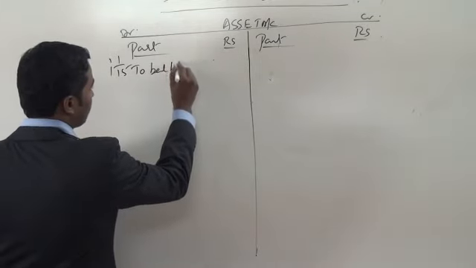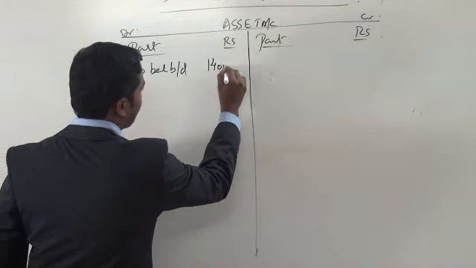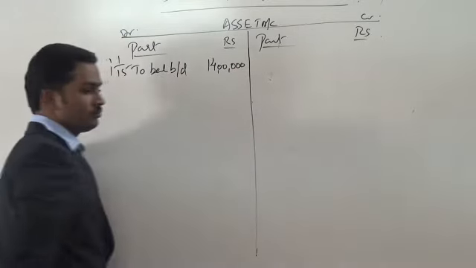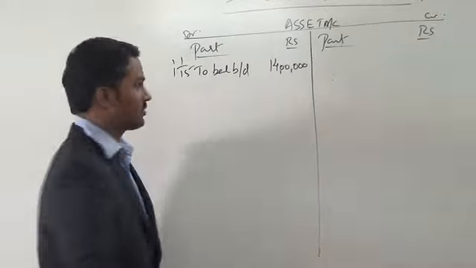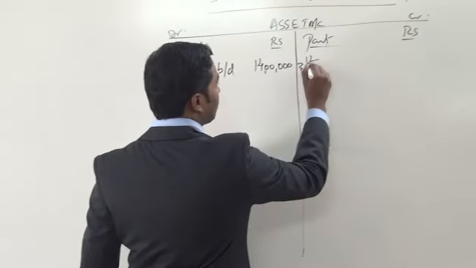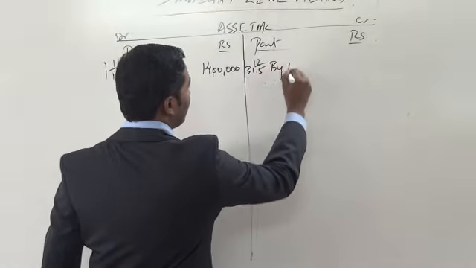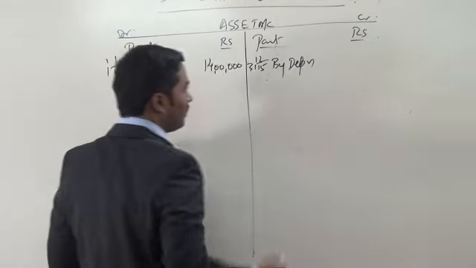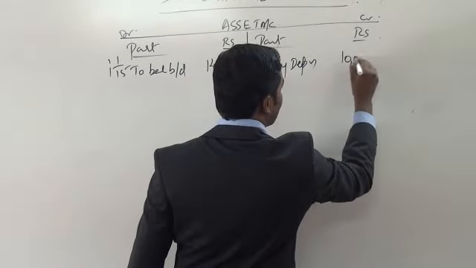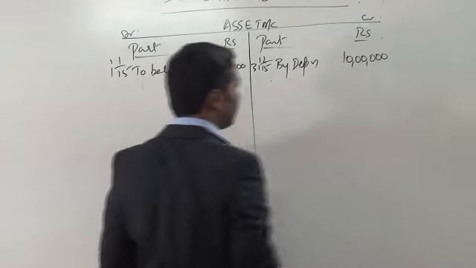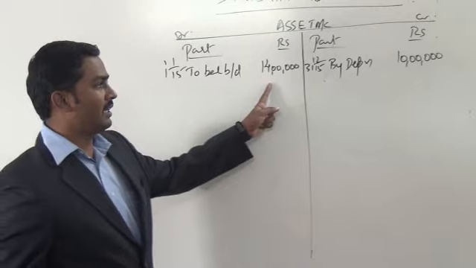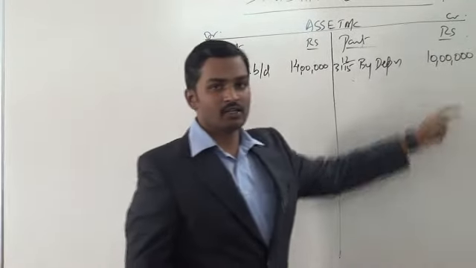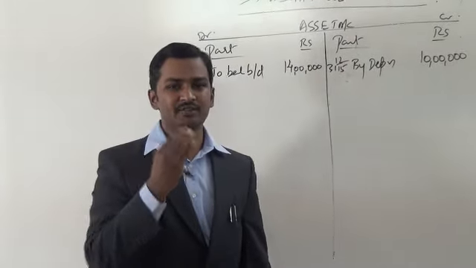To balance brought down, it is 14 lakhs rupees. This is the remaining value. Now this year will end after 12 months. 31st December 2015 by depreciation. We'll write 10 lakhs rupees again, full year depreciation. Now if you observe the asset account now, 14 lakhs minus 10 lakhs, only 4 lakhs rupees is left.